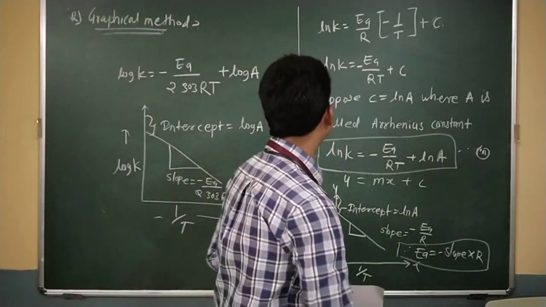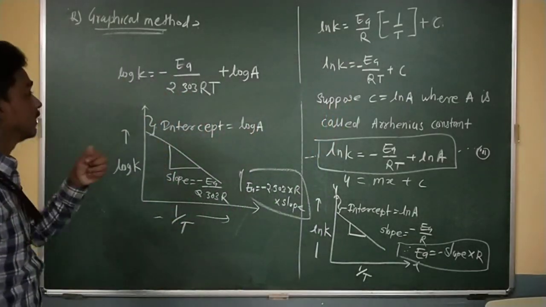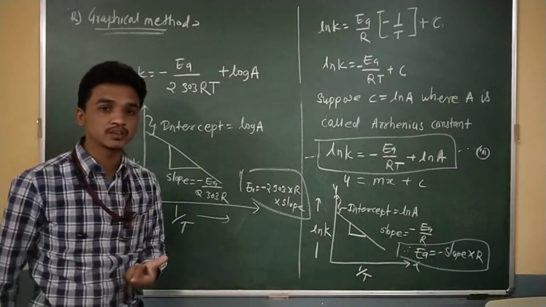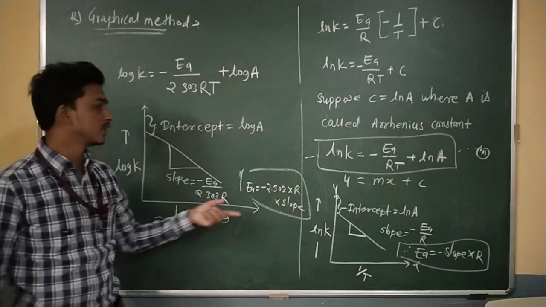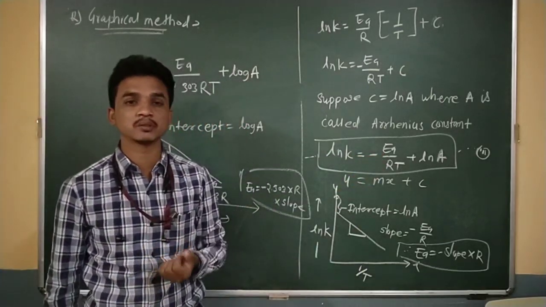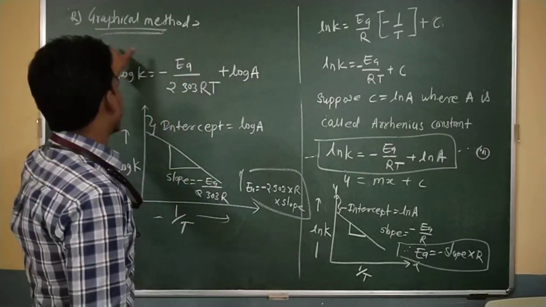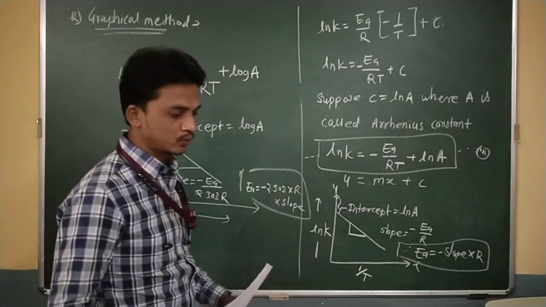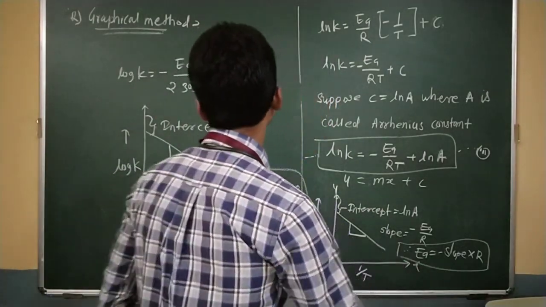So this is all about the Arrhenius equations. We have seen the Arrhenius equations, and after that we have seen how to calculate the activation energy by using integration methods and by using graphical methods. I hope you understand all these things and note them down in your notebook.